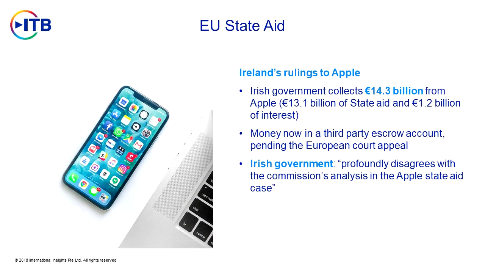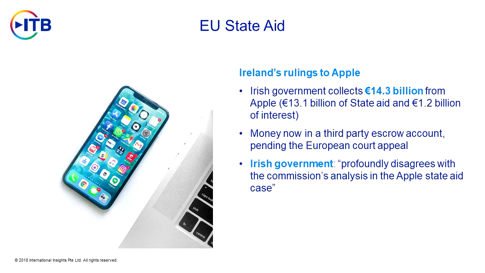The Irish government has announced that it has finally collected the 14.3 billion euros from Apple, as required under the European Commission's state aid decision in 2016. The 14.3 billion euros consists of state aid, in other words tax, of 13.1 billion euros and 1.2 billion euros of interest.